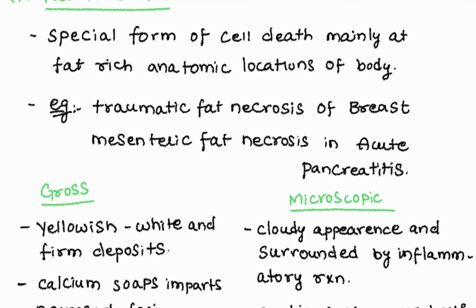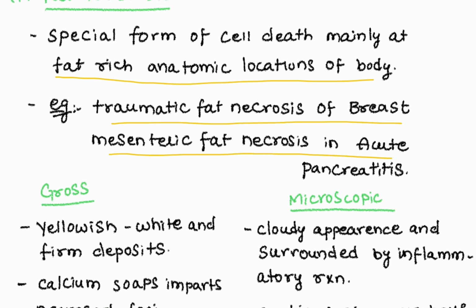Coming to fat necrosis. Fat necrosis is a special form of necrosis where it happens in fat-rich anatomical locations of the body. Main examples are traumatic fat necrosis and mesenteric fat necrosis in acute pancreatitis. Actually, acute pancreatitis is not a fat necrosis, but the fat necrosis occurs surrounding the pancreatic tissue.